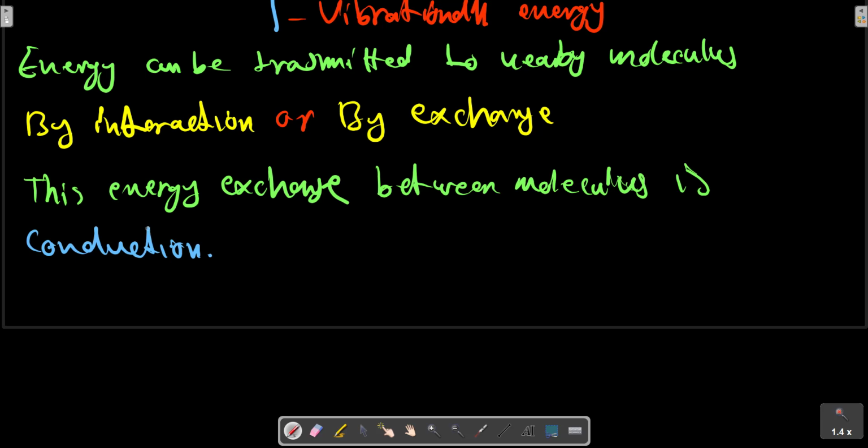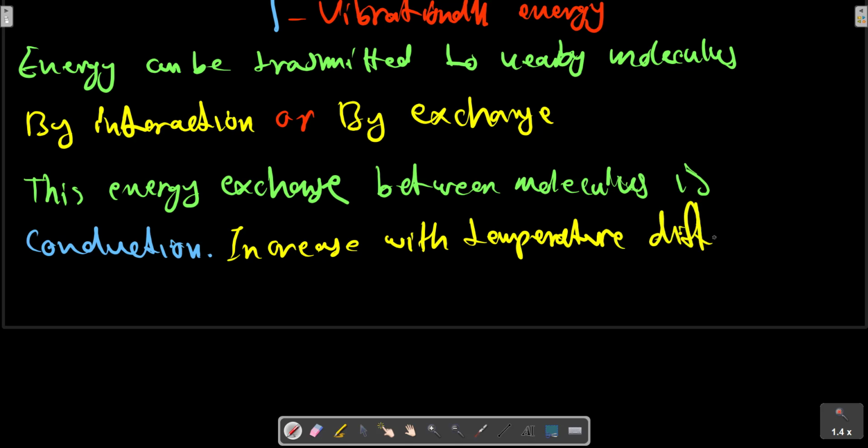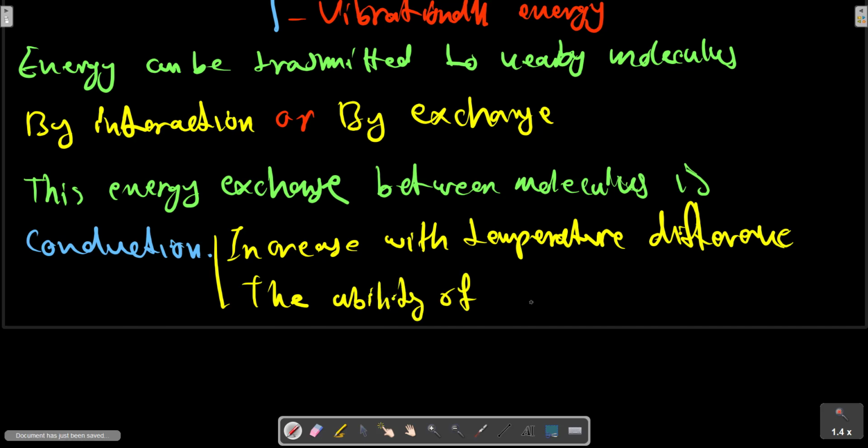It increases with the temperature difference and the ability of the substance to make a transfer.